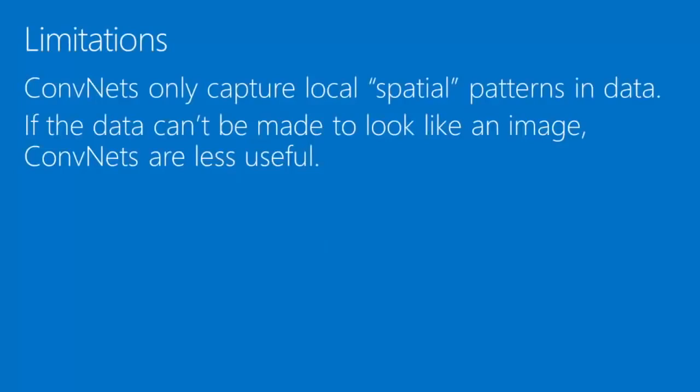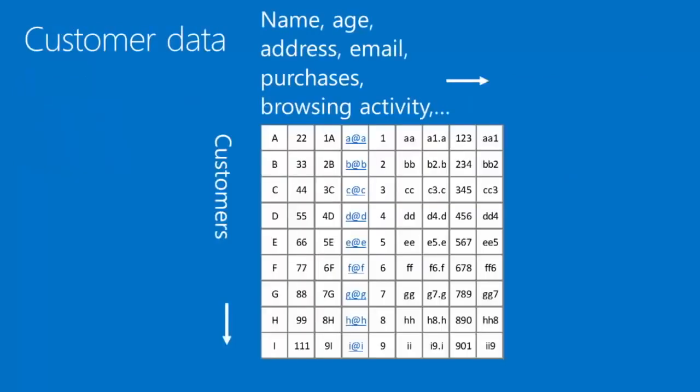Now, the other side of this limitation of convolutional neural networks is that they're really designed to capture local spatial patterns. Spatial in the sense of things that are next to each other matter quite a bit. So if the data can't be made to look like an image, then they're not as useful. An example of this is, say, some customer data.